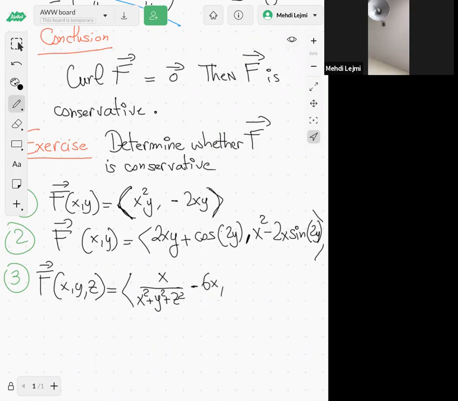That's the first component. A second component is y over x squared plus y squared plus z squared. And the third component is z over x squared plus y squared plus z squared.